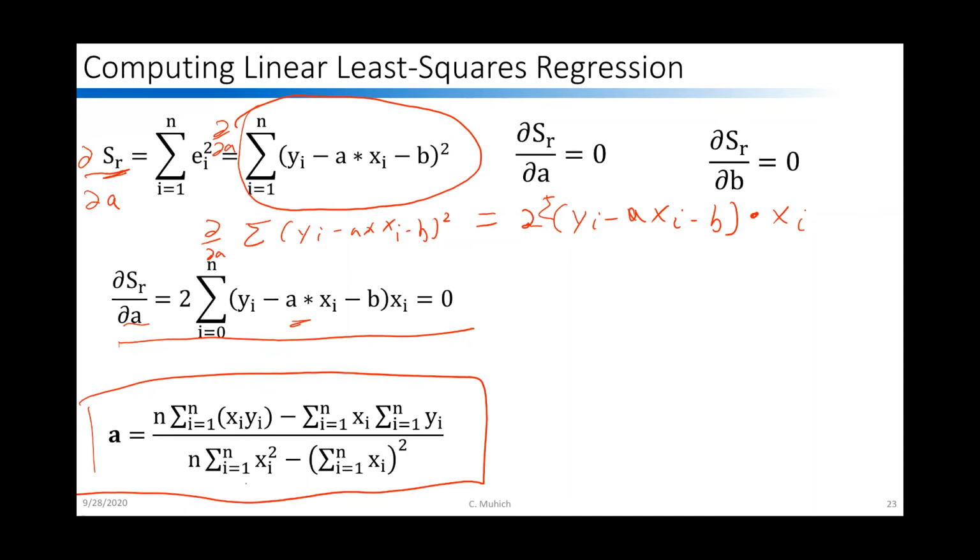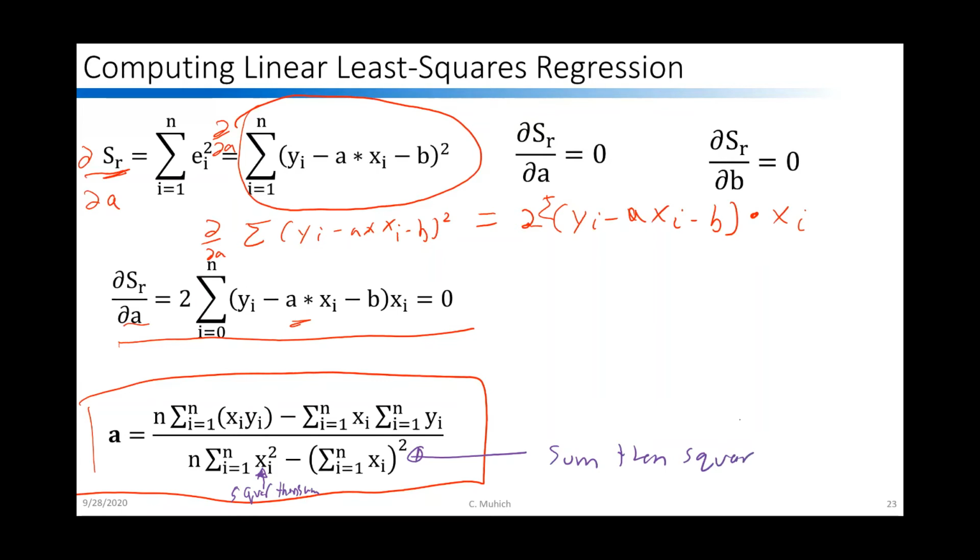Here I have n times the sum of xi squared minus the sum of xi that is then squared. So once again, the difference is that in the first term, we square, then sum, and here we sum, then square, right?